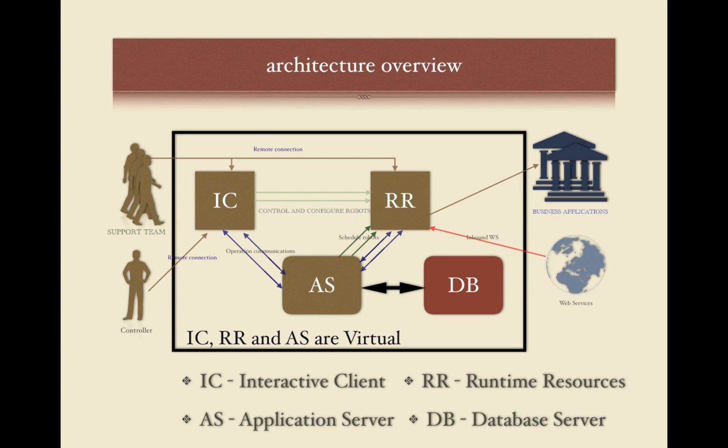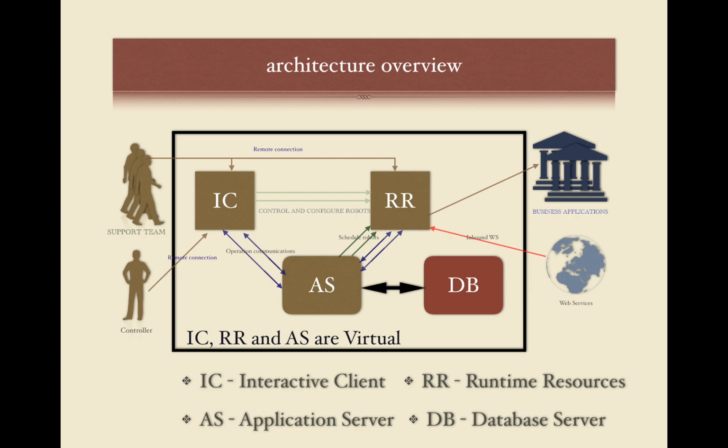On top of that, if there are any issues with the performance of the database layer, it will impact the complete implementation of Blue Prism. So that is the idea behind the color coding. Once again, just to repeat, the database server should be on physical hardware, a physical server. On the other hand, interactive client, runtime resources, and application server can be on virtualized servers.